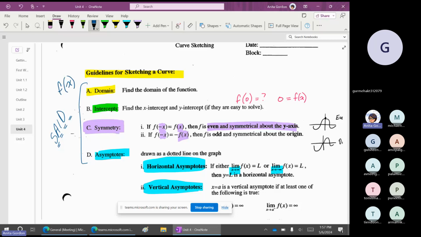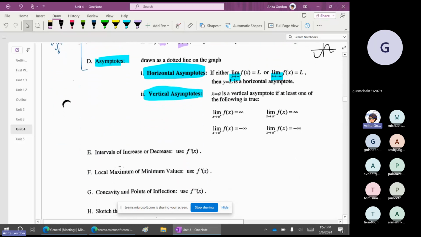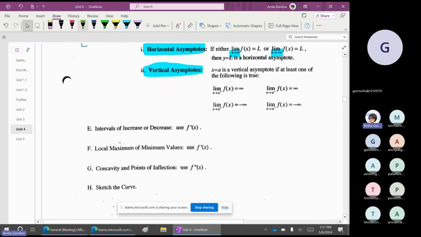Once we have these pieces of information, then we move on and we look at f prime. So this is where we inspect f prime of x. We are going to look at intervals of increasing and decreasing.